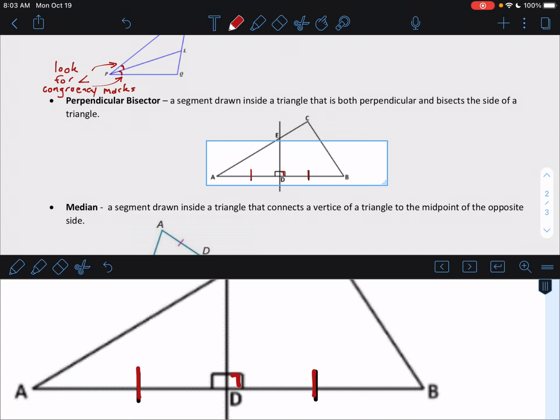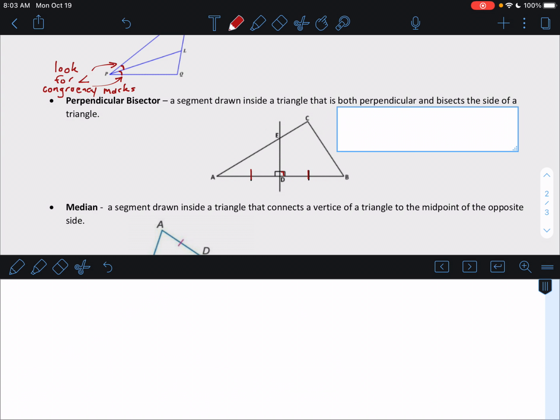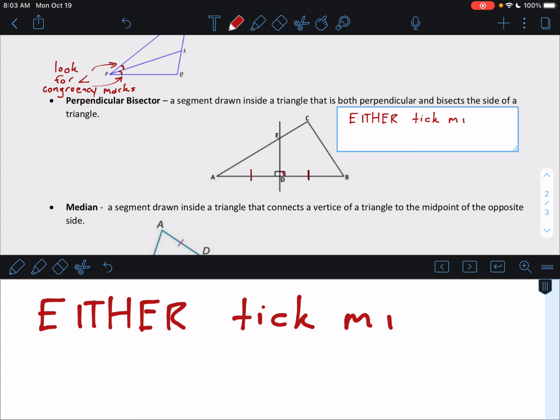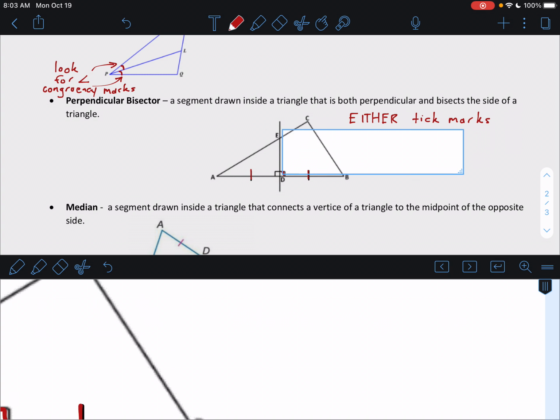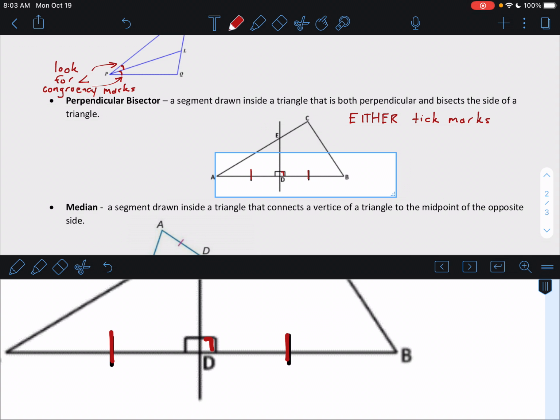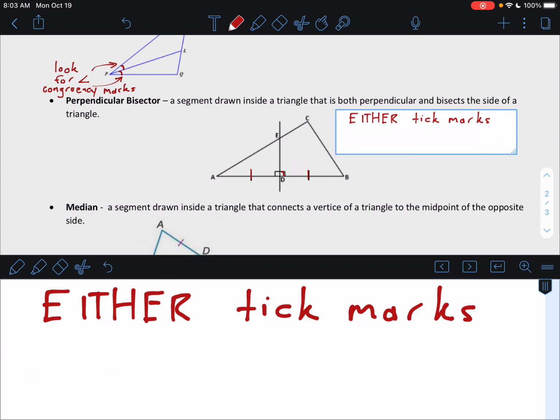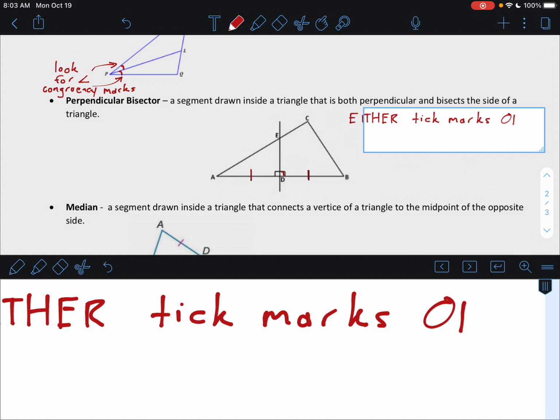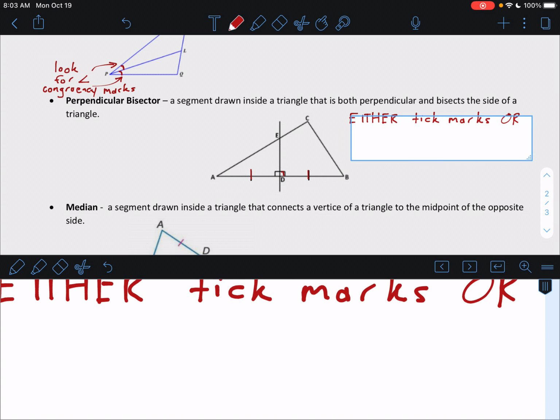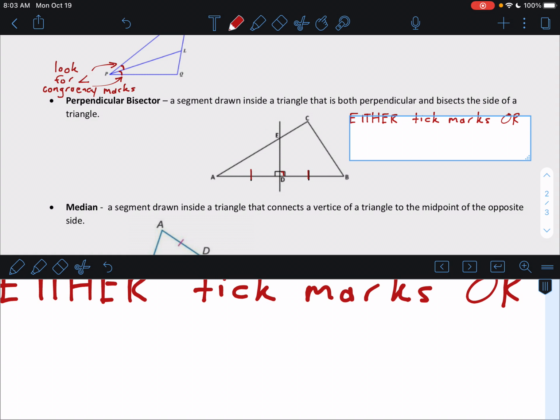The things we're going to be looking for to identify if it's a perpendicular bisector are either the tick marks, because that will tell me that it's congruent on both sides, or sometimes it'll just say D is a midpoint.